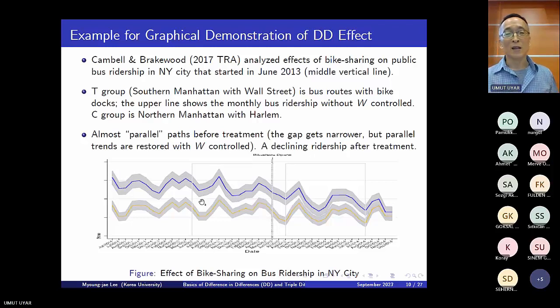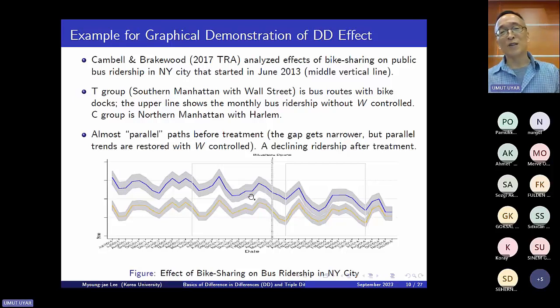The reason I put up this figure is that it almost demonstrates what parallel trends means. It does not necessarily require two straight lines. It just requires the vertical difference being the same.